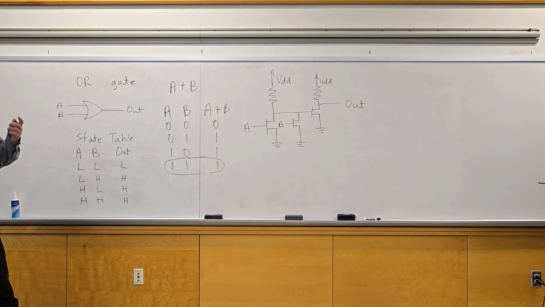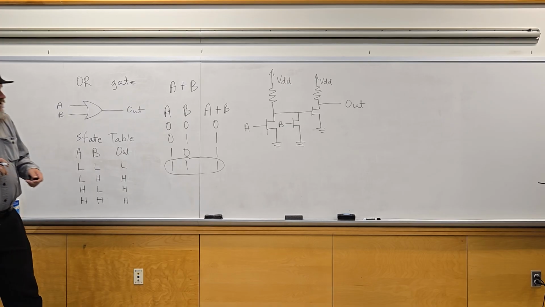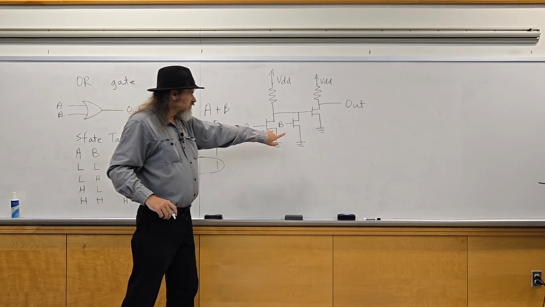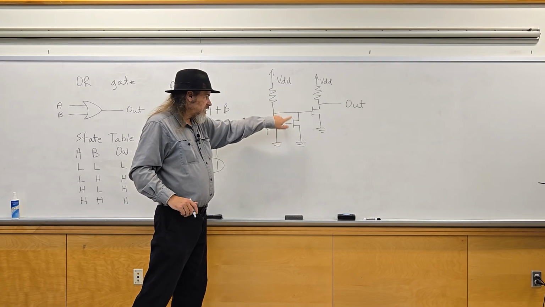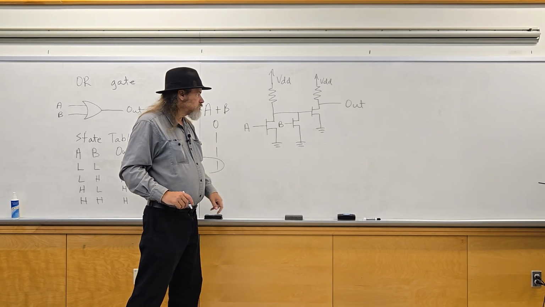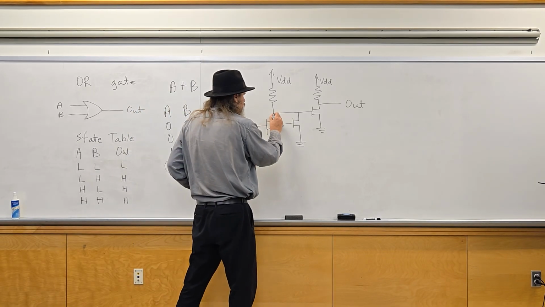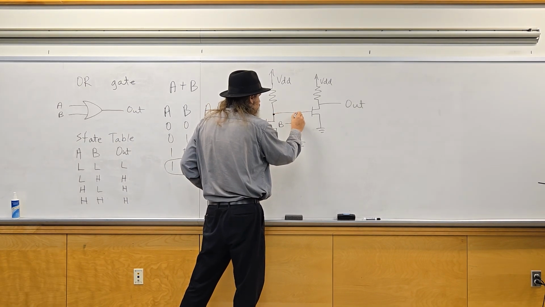The AND gate had the two input transistors in series. Here they're in parallel. So it behaves differently.